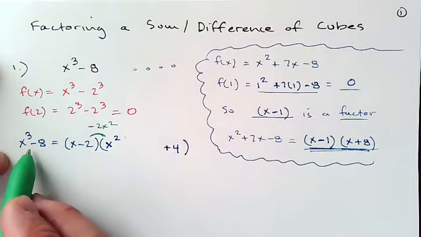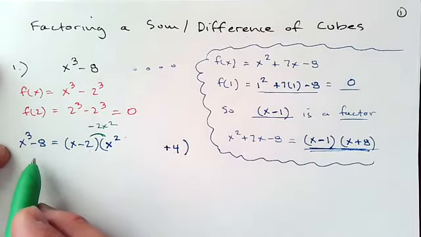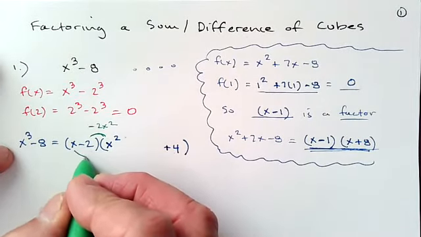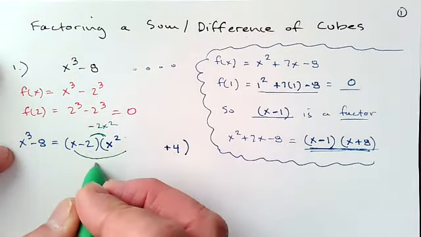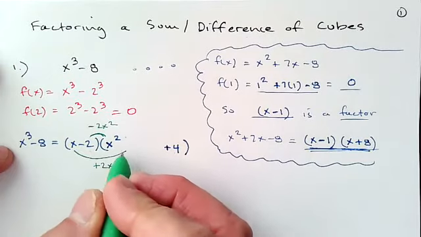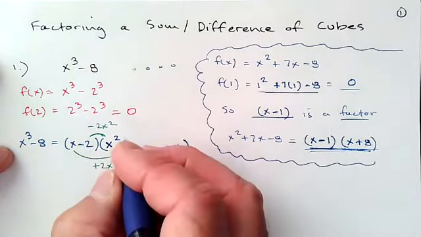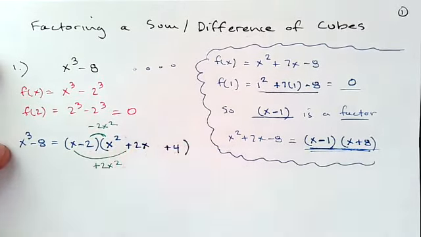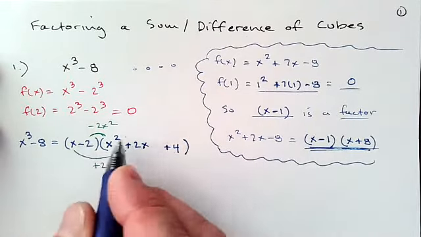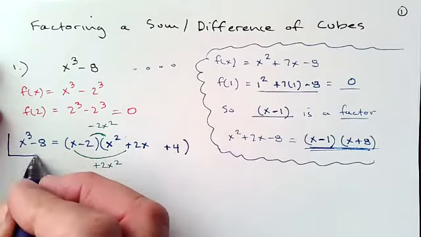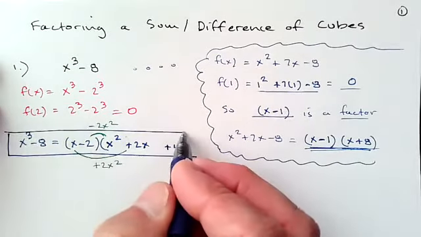Notice there is no negative 2x squared in x cubed minus 8, so I have to somewhere generate a positive 2x squared, which is going to come from x. So I want this to come out to be positive 2x squared. So what would x have to be multiplied by to make that happen? It's going to have to be multiplied by positive 2x. You can check the remaining terms and multiply it all out, but it will work. This is the factorization for x cubed minus 8.